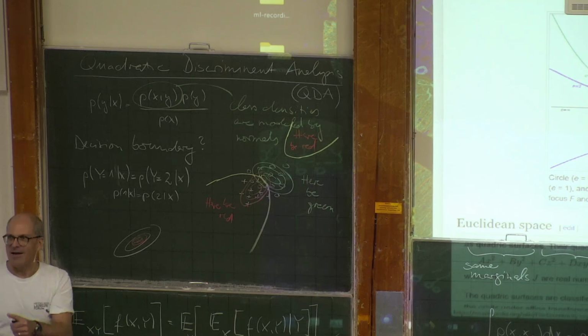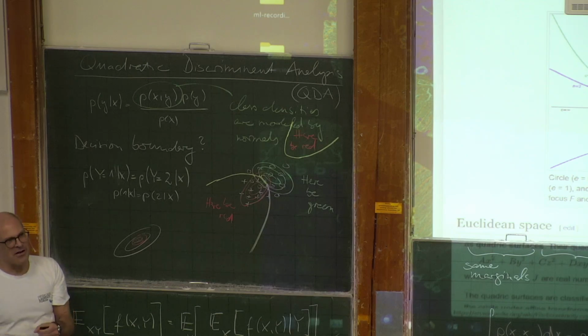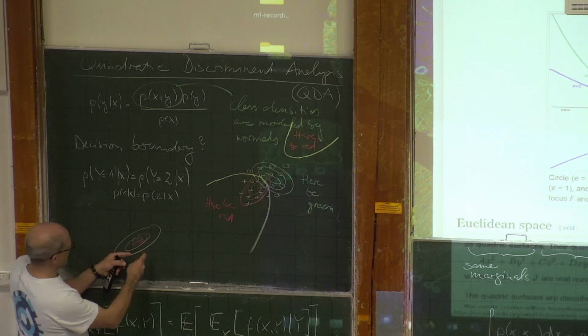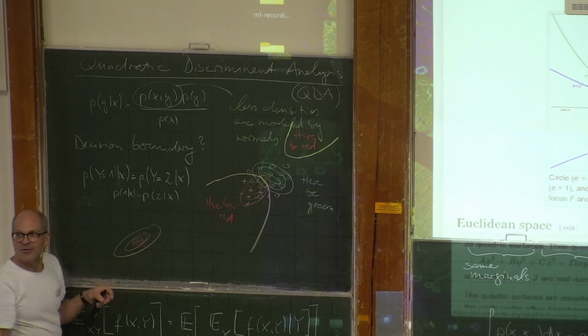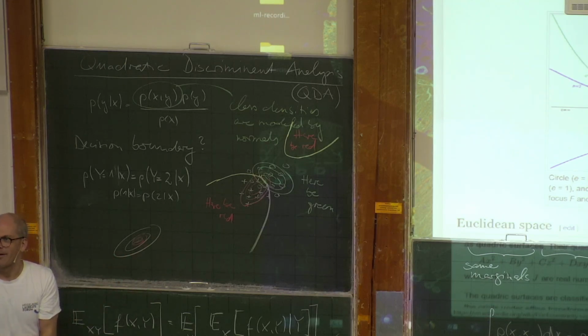Yeah, isotropic. Well, same variance is still not enough, because this one here has the same variance in both dimensions, the white one. We need to insist that it be isotropic. So it has to have a diagonal covariance matrix where all entries are the same. That's what we would call an isotropic normal distribution.